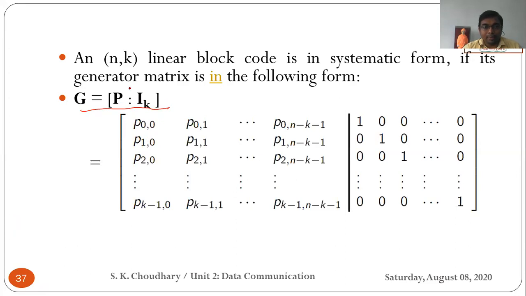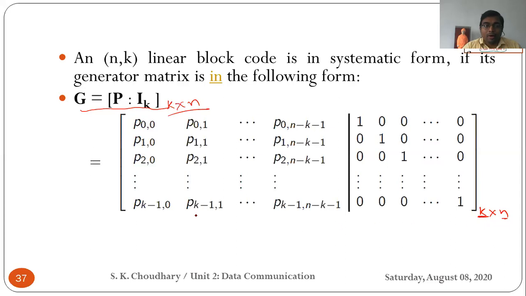It is a matrix form. What is the order of this? The order is K by N. The generator matrix always has the order K by N. K is the number of bits in the message. This is the number of rows, row by column, and the column is the number of bits present in the code words.